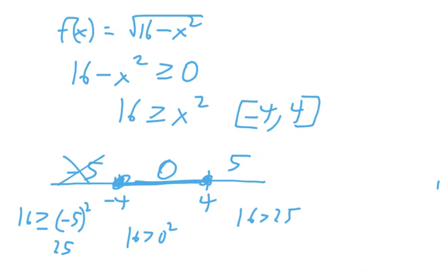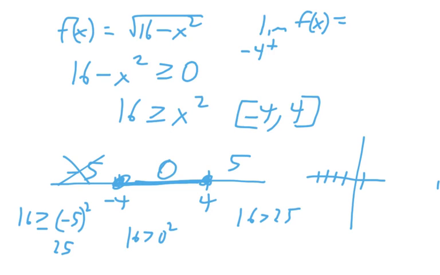The other thing that we need to check in this problem, going back to our example on continuity, is that we need to do our left-sided and right-sided limit. So the limit as x approaches negative 4 from the right of f of x does turn out to hit 0, because what we have here is a half circle.